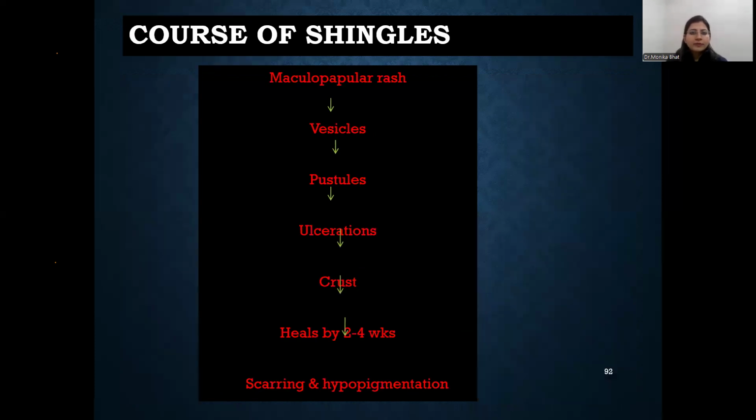So the course will be a maculopapular rash, leading to the vesicle. Then the pustule formation will be there. Then the next stage will be the ulcerations. These ulcers, when they undergo healing, form crusts in 2 to 4 weeks. Then finally, the patient can have scarring and hypopigmentation on the affected region.